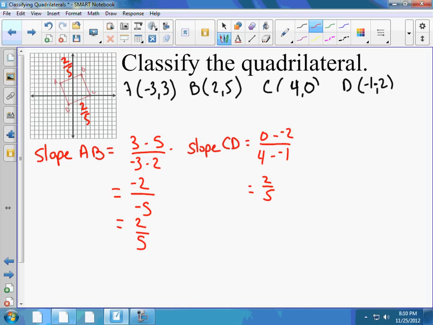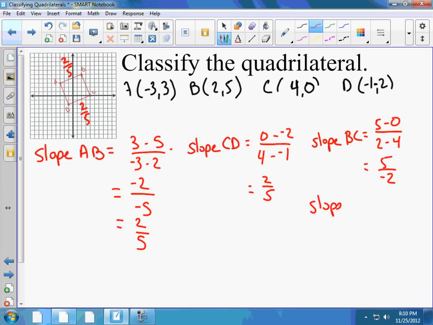And now we've got the slope of BC, which is going to be 5 minus 0 over 2 subtract 4. That gets us negative 5 halves.